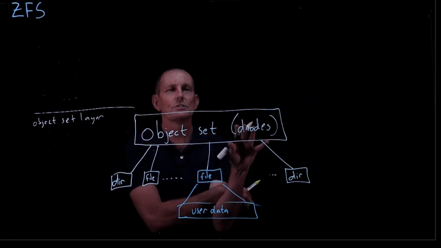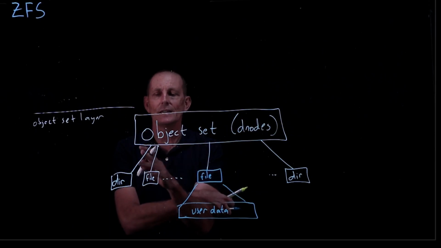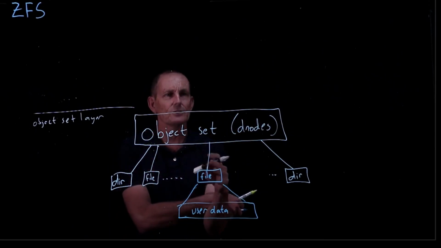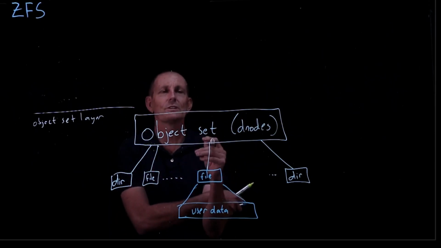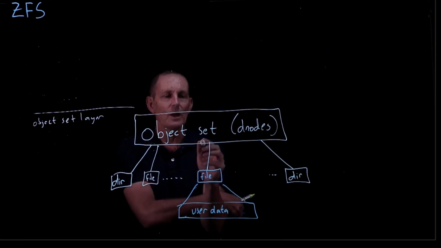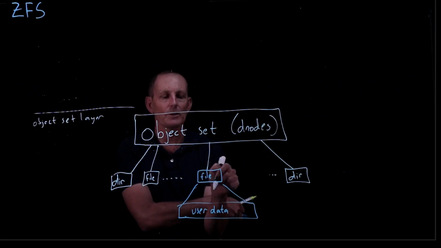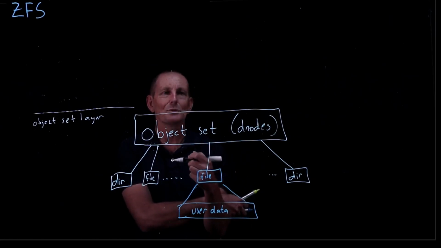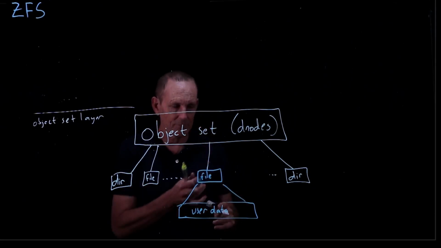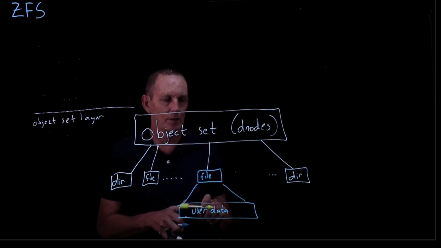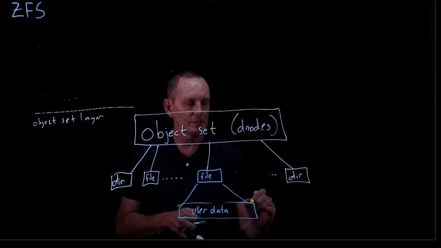We have our object set, which is all of our dnodes, and this contains directories and files, let's ignore symbolic links and other things. Let's just say it's files and directories. And let's say there's one particular file that we are going to want to change the contents of. We're going to do a write, perhaps to append. So we are going to go ahead and append some data to this.